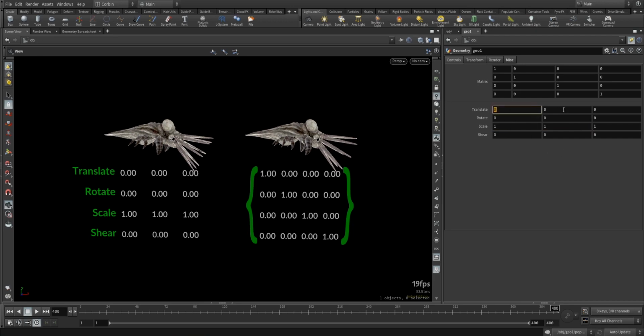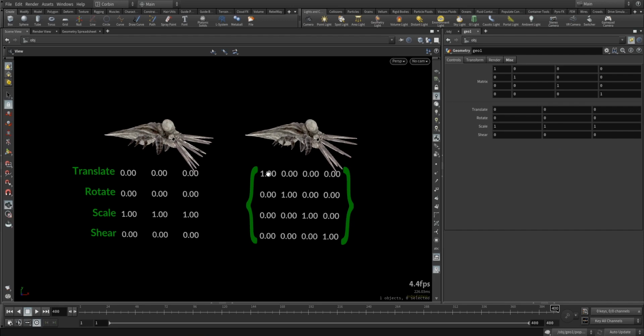We know instinctively that translate 0 is the default, but scale 0 means it disappears completely, right? That's not correct. We would need to scale to 1 for that to be the default. And it's the same in the matrix. You can see here that when it's all set to 0, these are all also set to 0 and our object has disappeared. When they're set to 1, then he seems to be there.